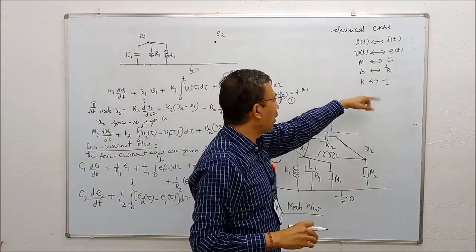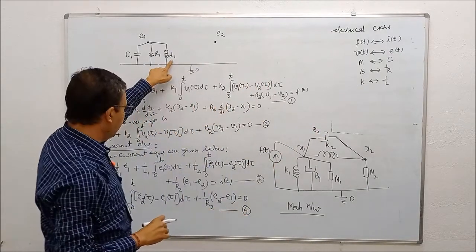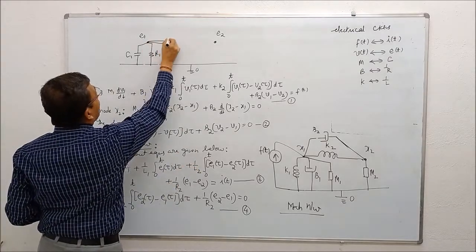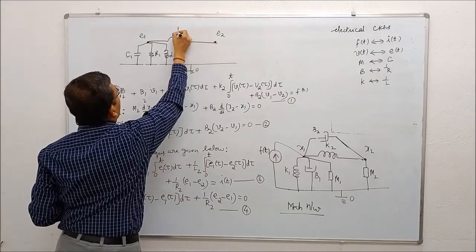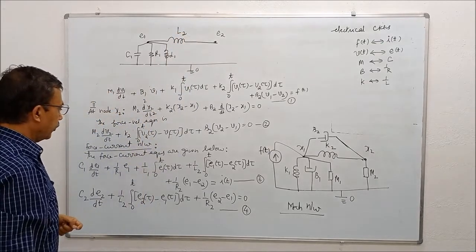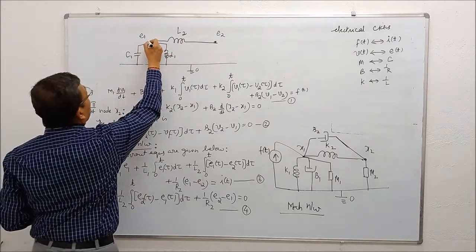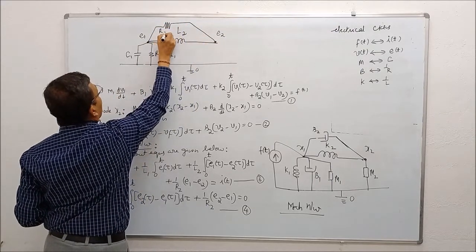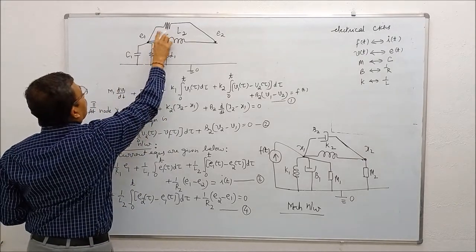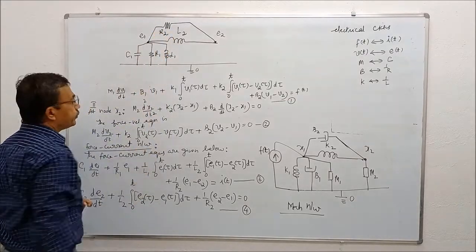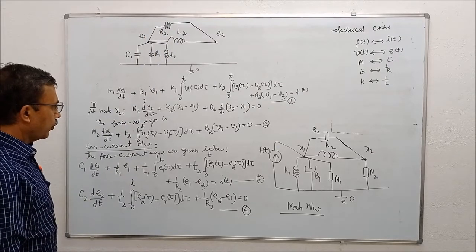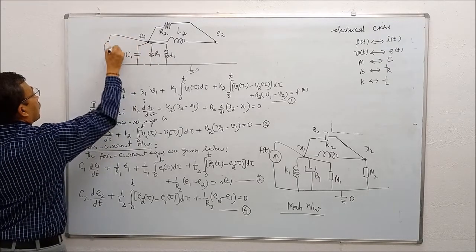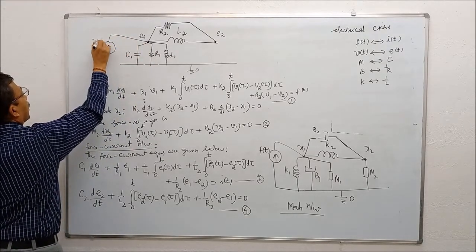K equals 1 by L, or L is what? 1 by K. Therefore, L1 is in fact 1 by K1. L2 is drawn between E1 and E2. R2 is also drawn between E1 and E2. Correct. Then we have got the current source. This is the current I of t.